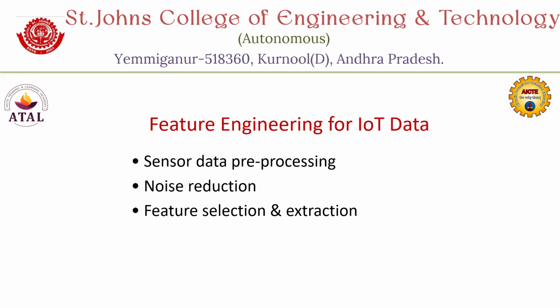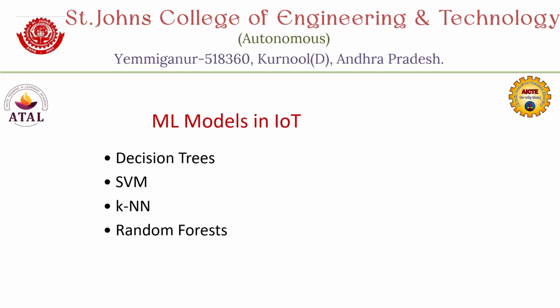So we need to concentrate on these three features for IoT handling. Sensor data is very important, and that raw data comes with a huge amount of noise, and we should use proper algorithms to reduce the noise in the data which we have collected. After reducing the noise, we need to select the proper features, and those features have to be extracted so they can be processed further.